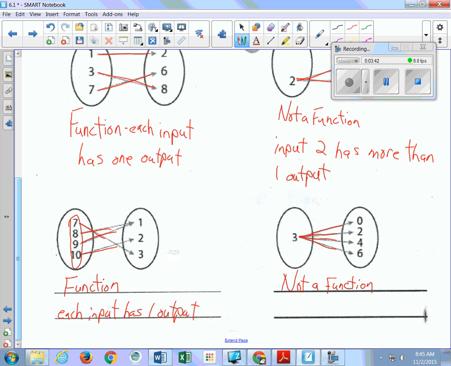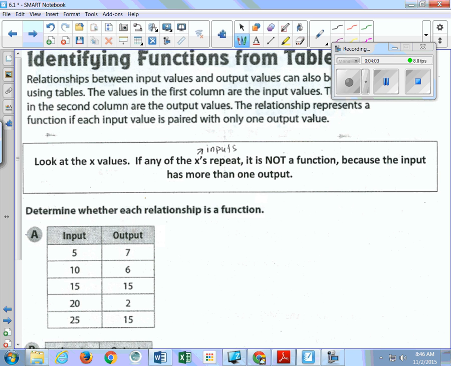Okay, so input 3 has more than one output. All right, next page.